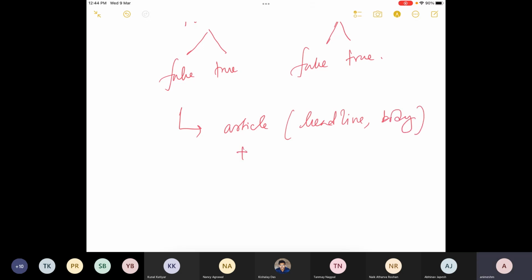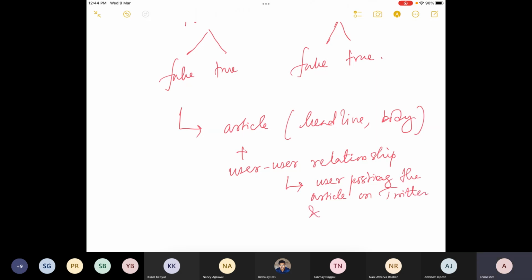Okay, plus they also had user-user relationship, which means that is the user posting the article on Twitter and its followers plus followings.